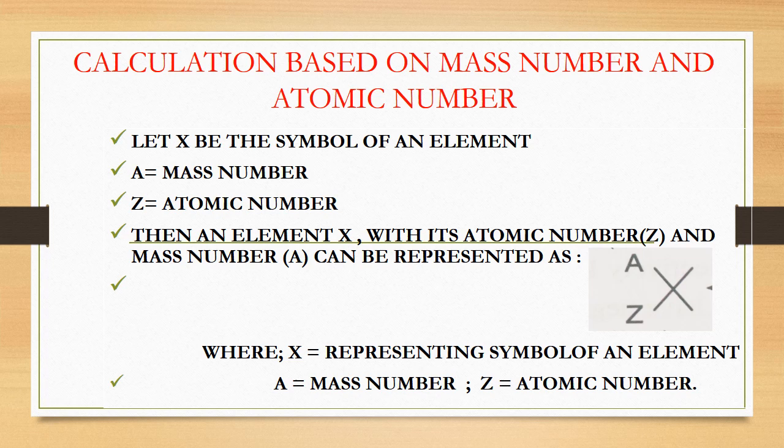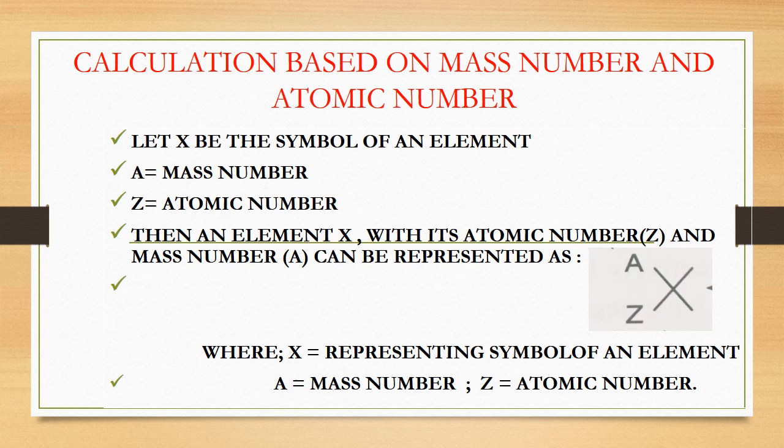You can see it in the picture. X is representing the symbol of an element, and A, which is written as superscript, is representing the mass number, and Z, which is written as subscript, is the atomic number.